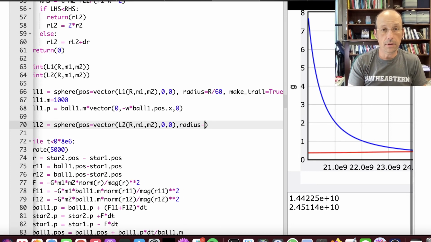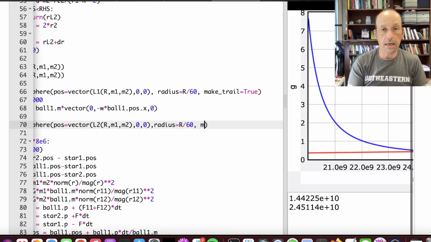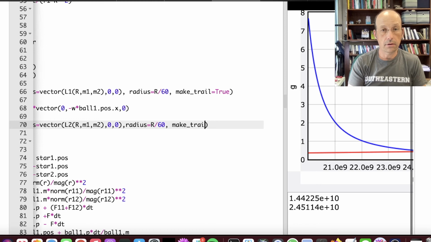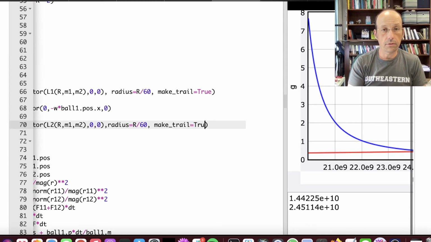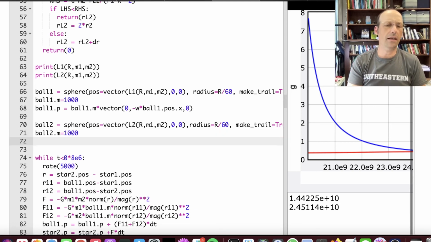Radius the same, R divided by 60. Make trail equals true. Ball 2.m equals 1,000. That doesn't really matter. That number pales in significance to the other one.